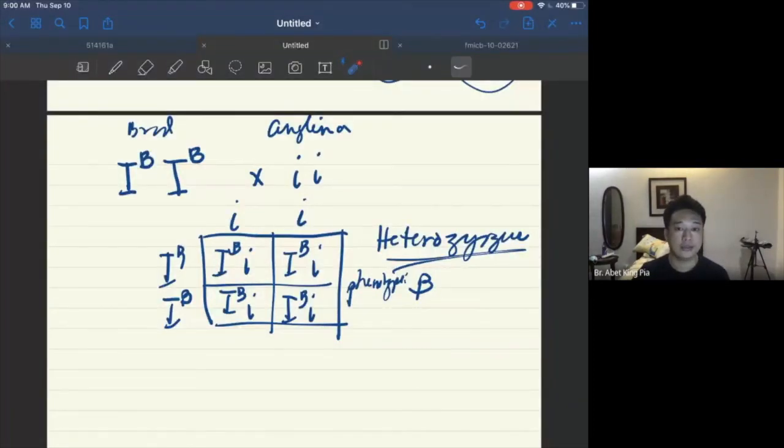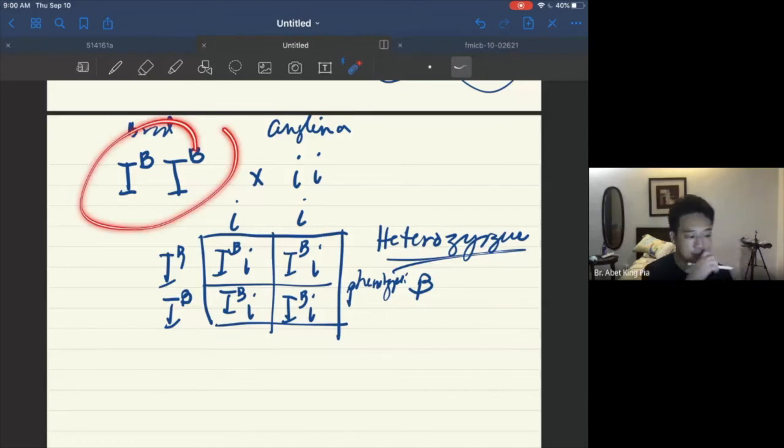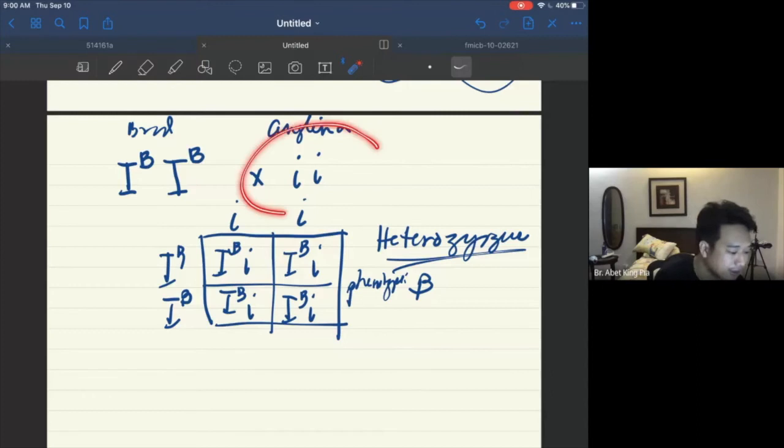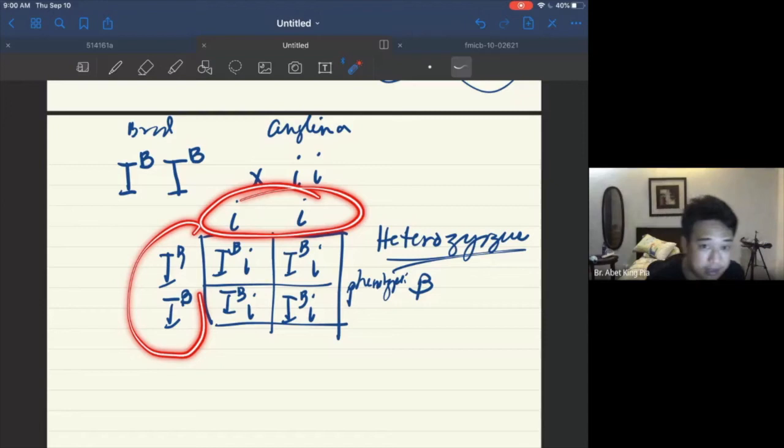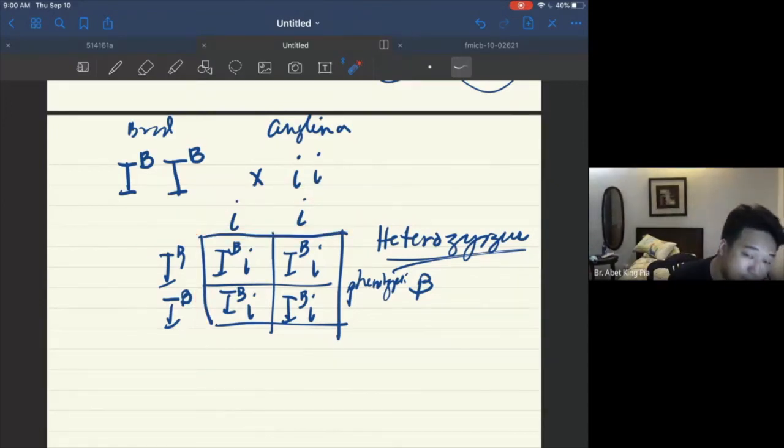So sabi dun sa question, si Brad Pitt ay homozygous sa type B. So homozygous si Brad. Si Angelina, though hindi na sila together, ay type O. So, eto si Ange, eto si Brad.